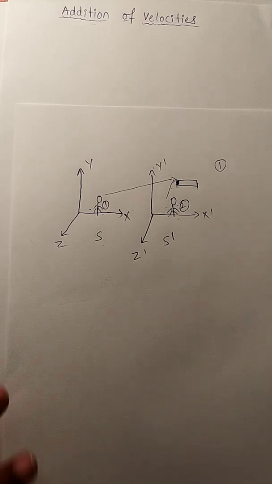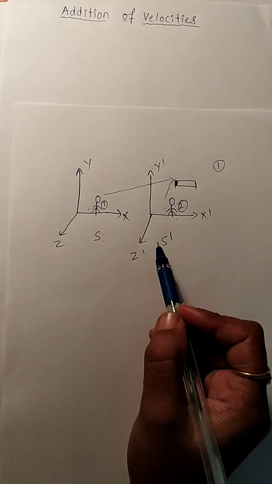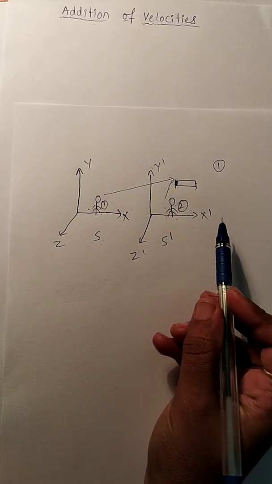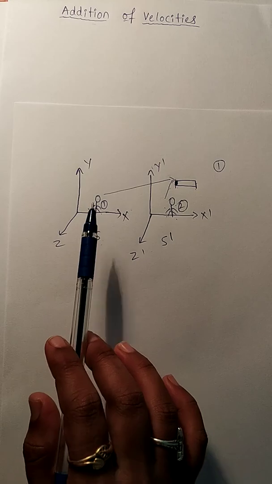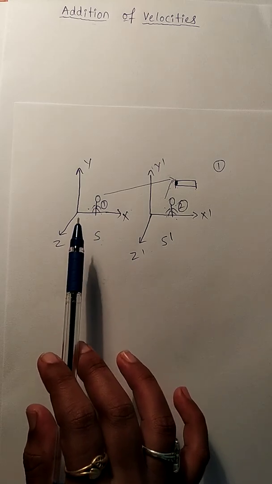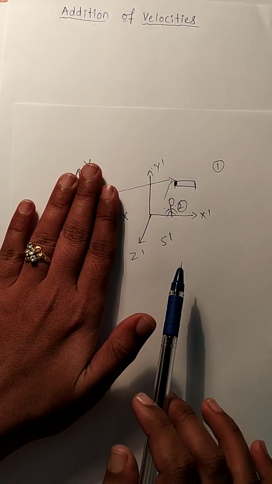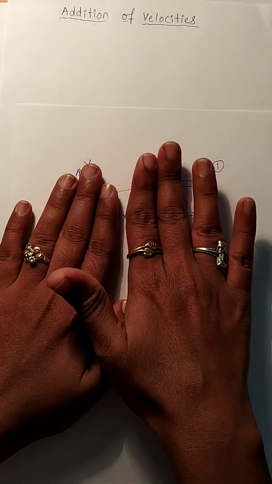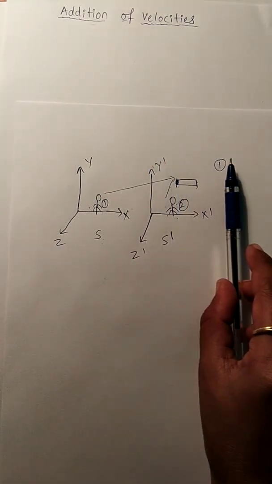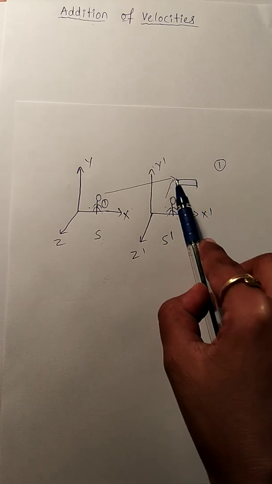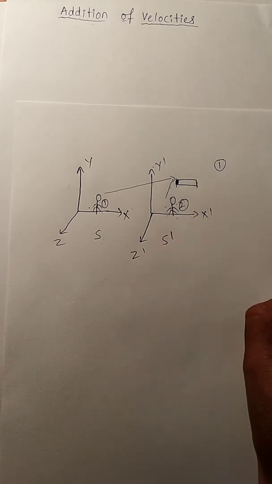The reason is the S dash frame is moving along the positive direction of the x-axis, whereas the S frame will be at a rest position. So this is at a rest position, but the second frame is under motion like this. So when it is moving, the object which is inside that one is also moving.